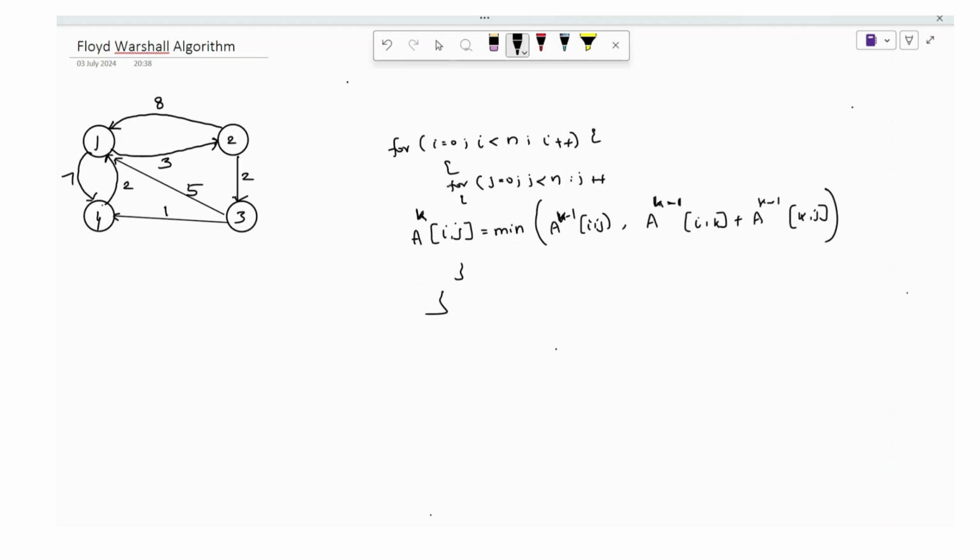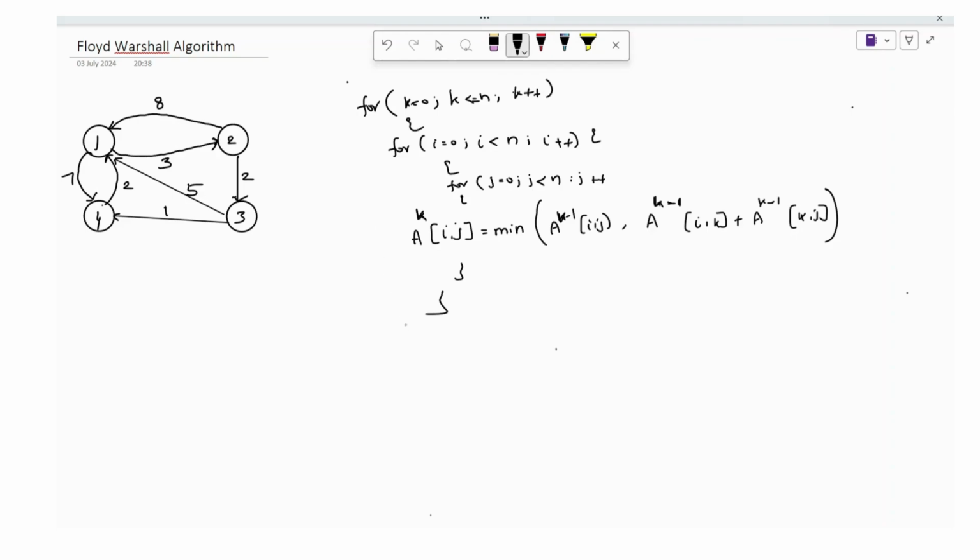So this is the adjacency matrix through vertex k. So at kth vertex, like that I have to do from 0th vertex, 0th level till the last vertex, right? So for that I am using another for loop for k equal to 0, k less than n, k plus plus.